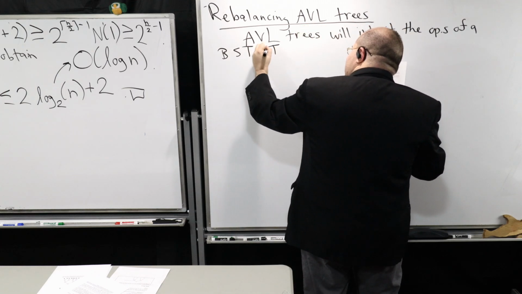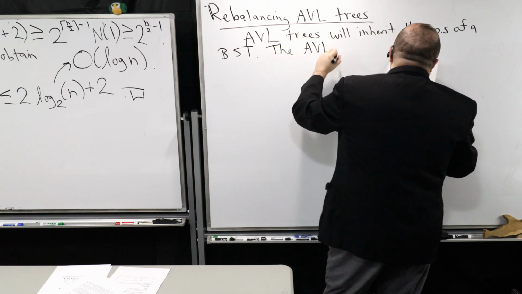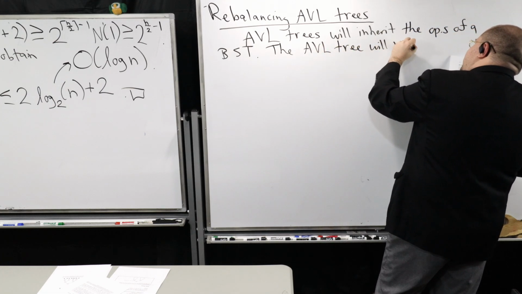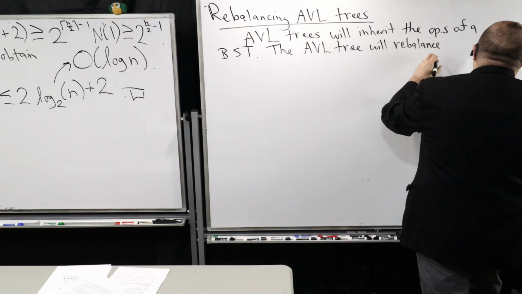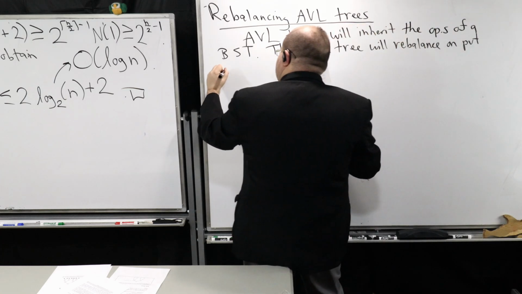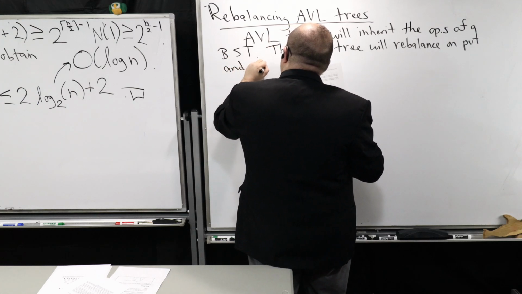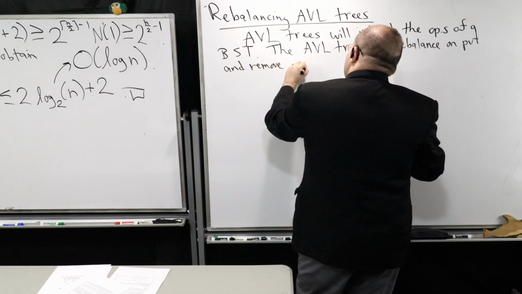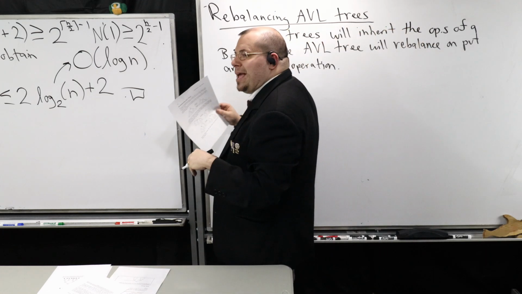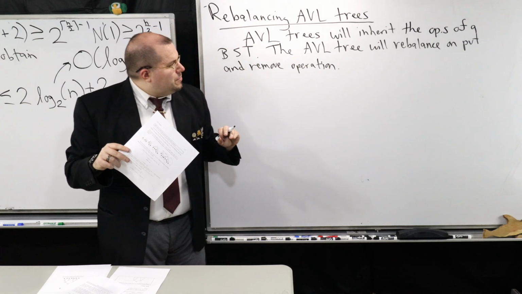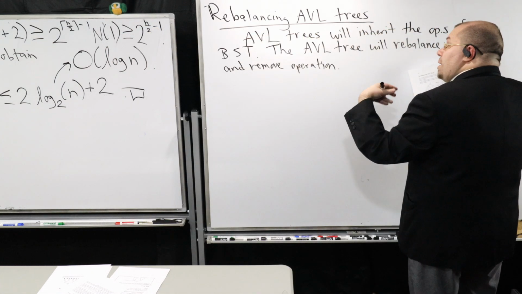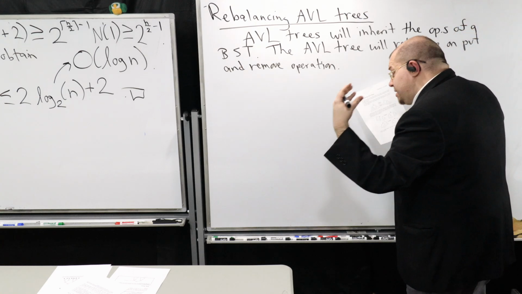So as I mentioned, the AVL tree will rebalance on put and remove operations. Anything we try to do, insertions and removals on the tree, the AVL tree is going to do that rebalancing process. So what exactly is the rebalancing going to do? It's going to do the following.